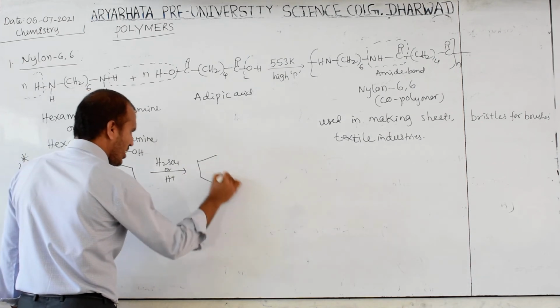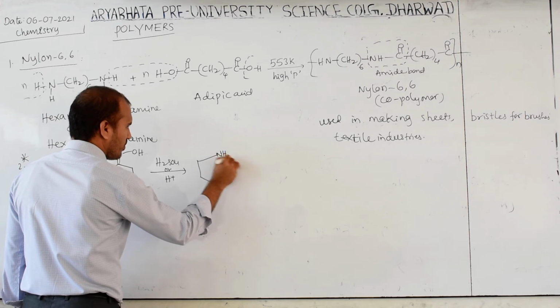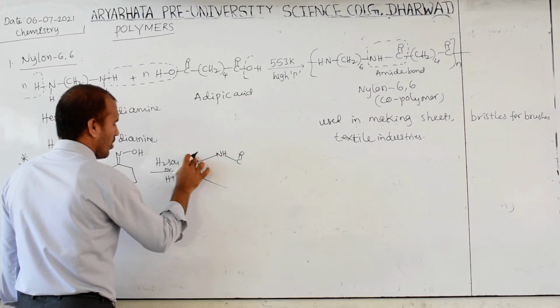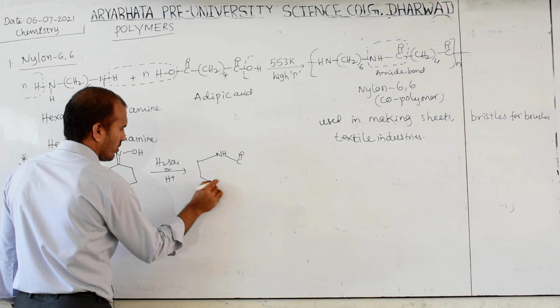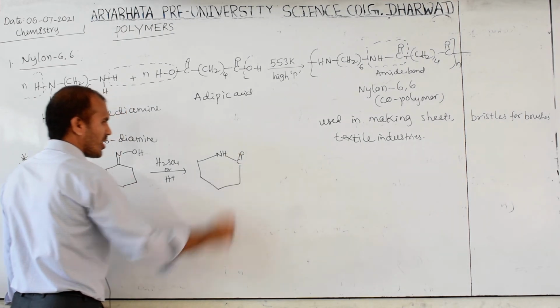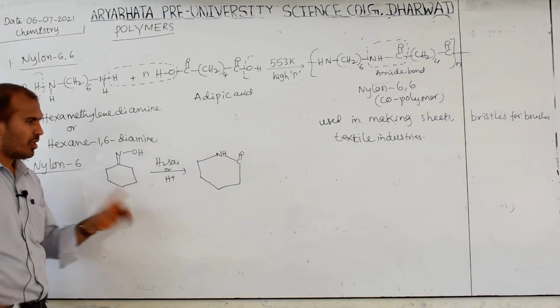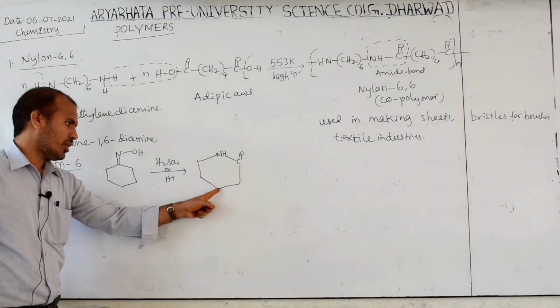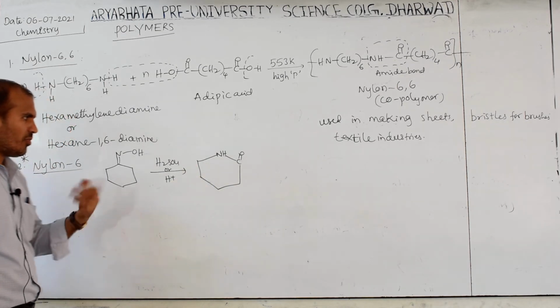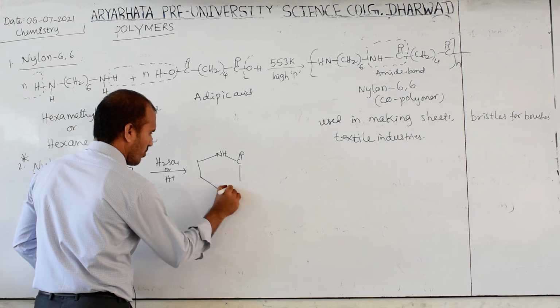This undergoes rearrangement. 1, 2, 3, 4, 5. Total carbons how many required? 6, because here 6 is there. 1, 2, 3, 4, 5 means somewhere another is required. Total 6 carbons are required.